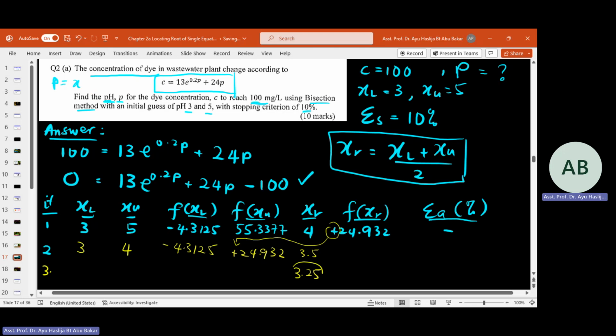So 3.25 with EA of 7.69. As long as the EA is below 10%, you can stop already. The stopping criterion here is 10%.